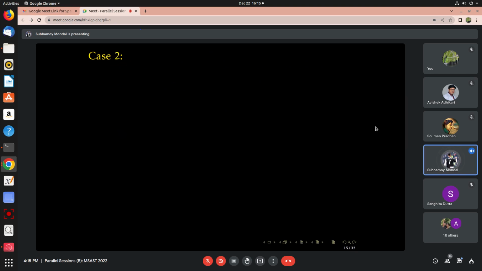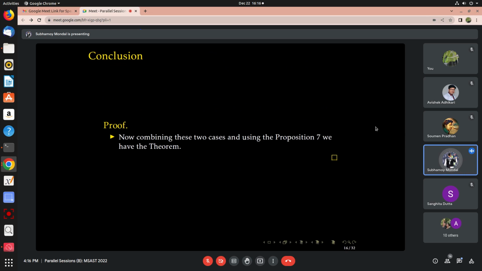And if f is transitive but not bitransitive, then the same thing will happen, but the iteration may not be the same. So using the above proposition and lemma, we can conclude our theorem.